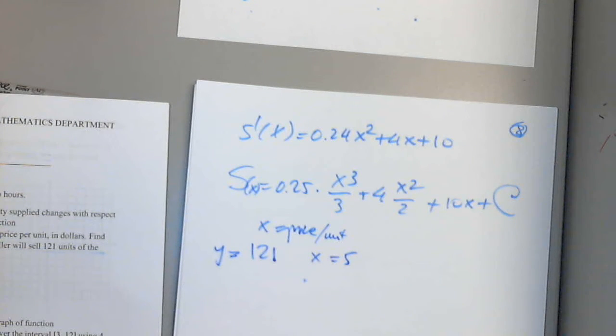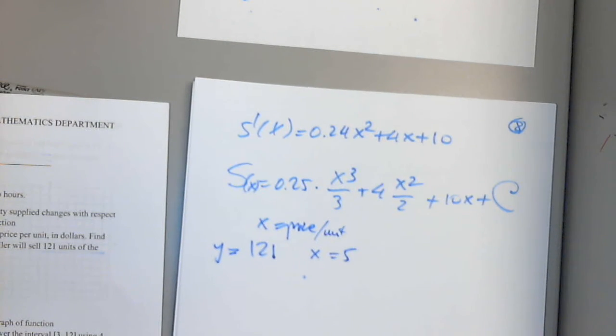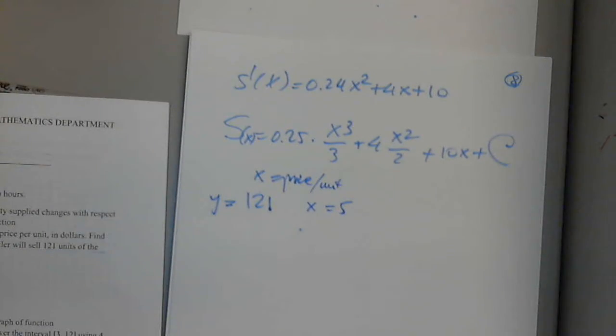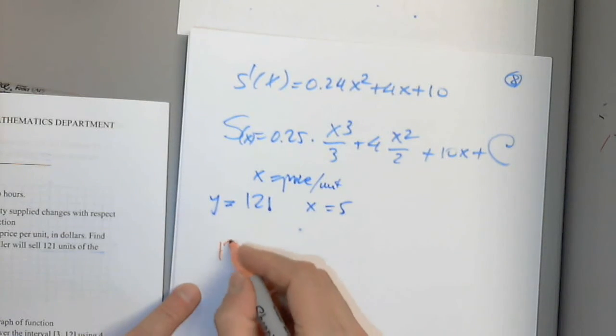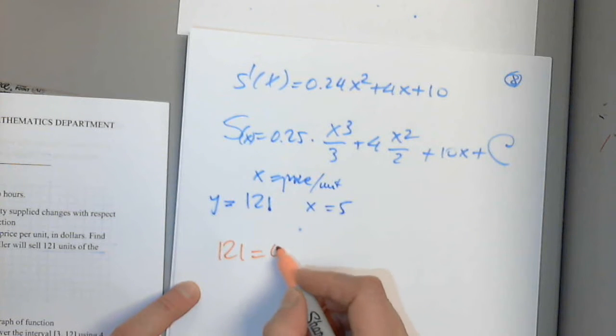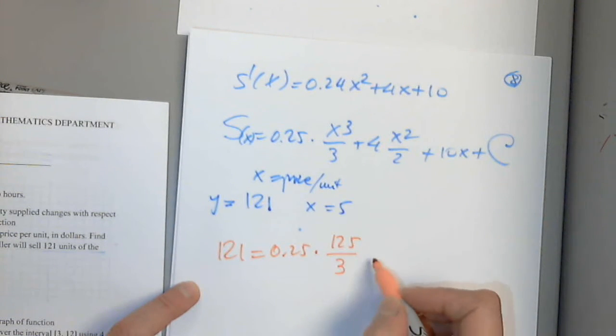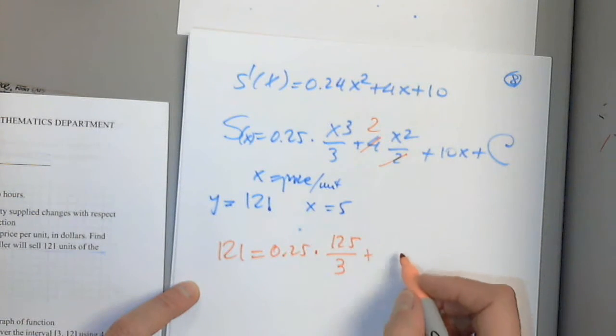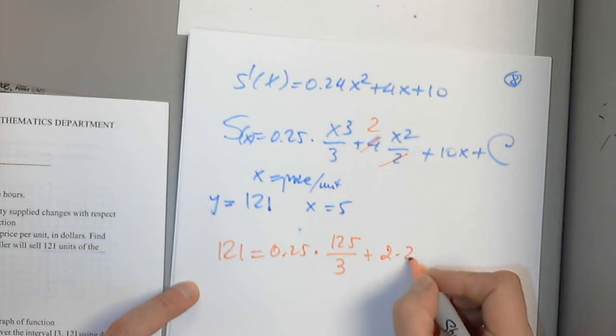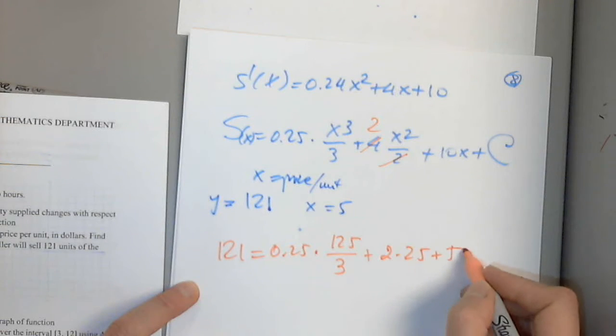Why am I given this information? To find the constant. Very good. So 121 equals 0.25 times 125 divided by 3 plus 2 times 25 plus 0.24.